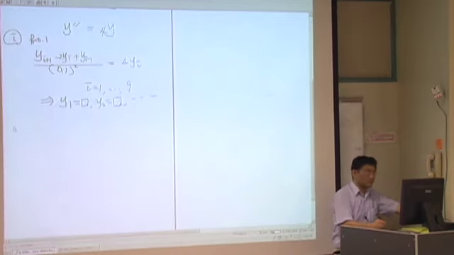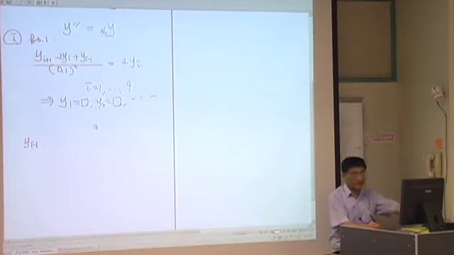So assume that, I will move these things to one side. So what do you get then? y_{i-1}, I will write in ascending order, right? This one is written first, and then this one, and then this one.